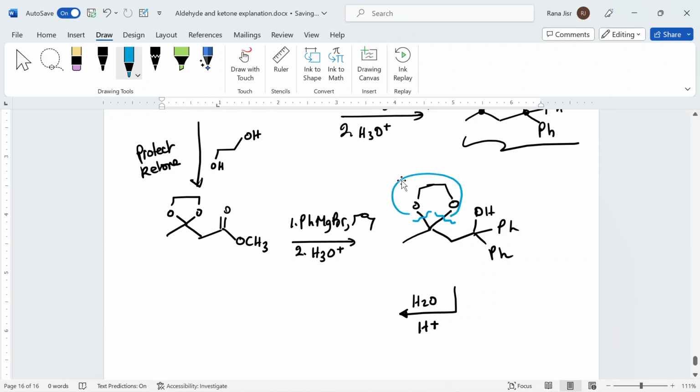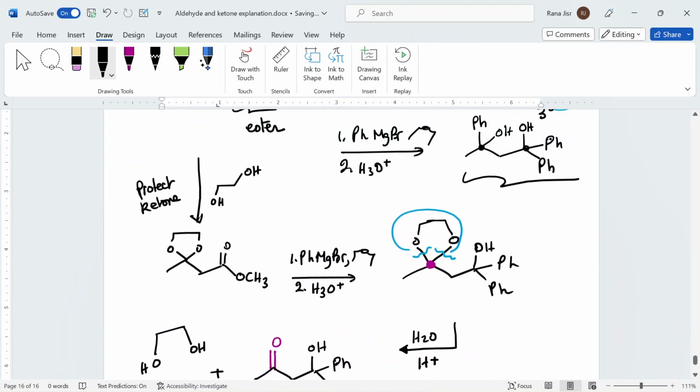So you're going to add a hydrogen here and a hydrogen there, and you are going to regenerate the diol in this case, plus that carbon is going to return back to its carbonyl. So you're going to end up having a carbonyl in there, and the rest of the molecule. So I can return back to the carbonyl of the ketone.